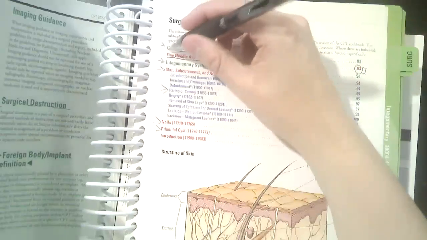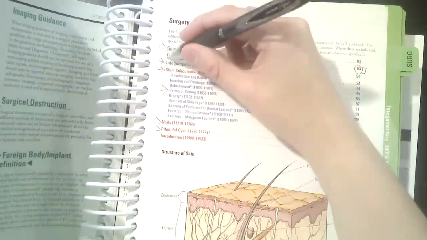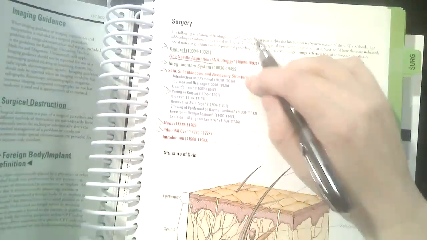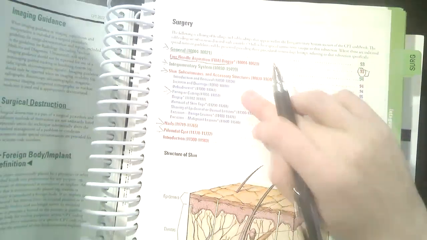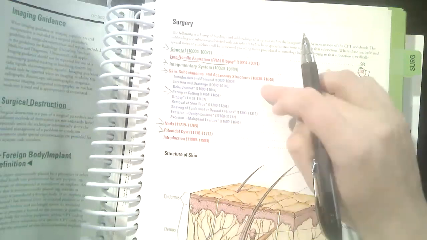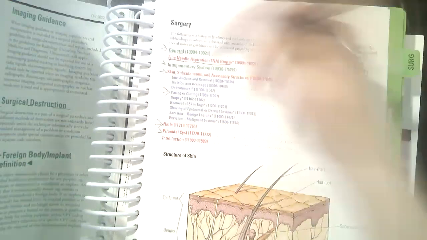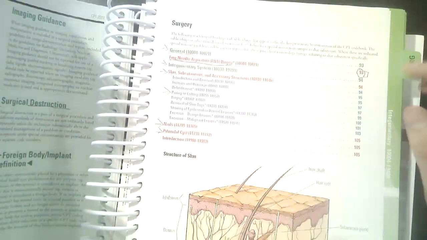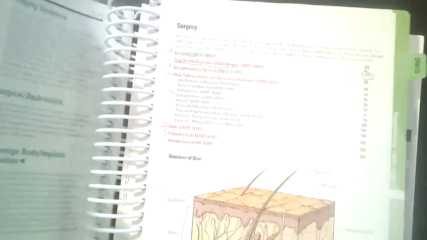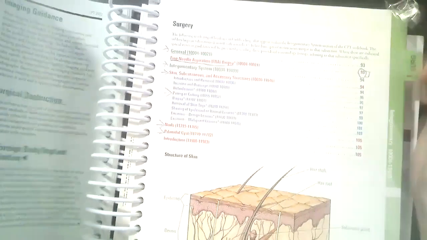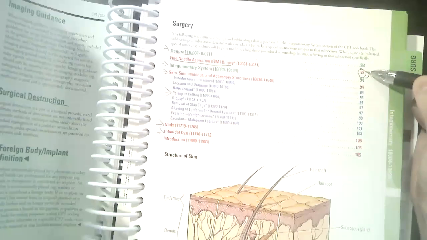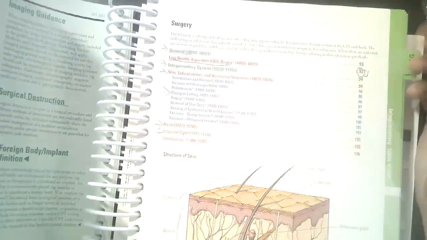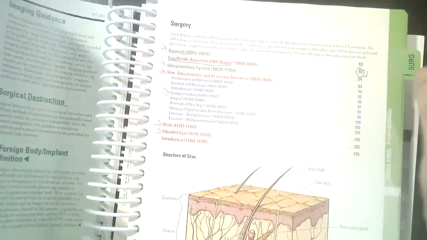You'll also notice in the general section, there's only one main section. So the main sections are in red, and then subsections are here in blue. And general only has one, so it's fine needle aspiration, FNA biopsy. There's only one type of procedure in this section. We're still going to look at it because it is very helpful, not just for understanding this section, but for understanding the structure of the whole manual.